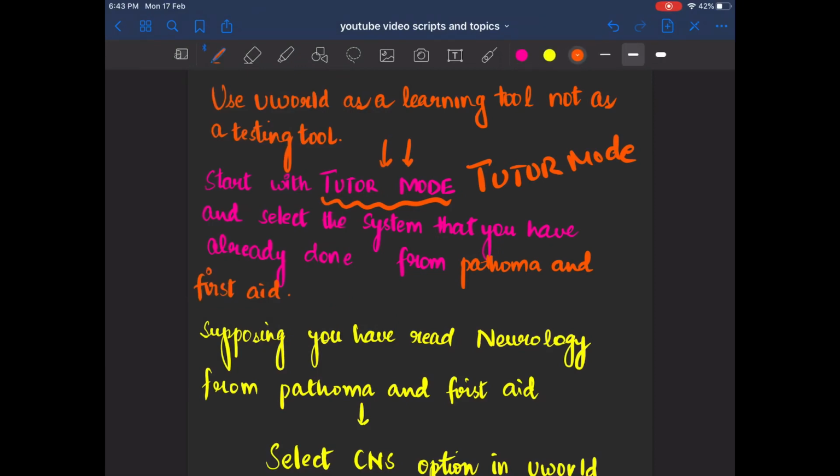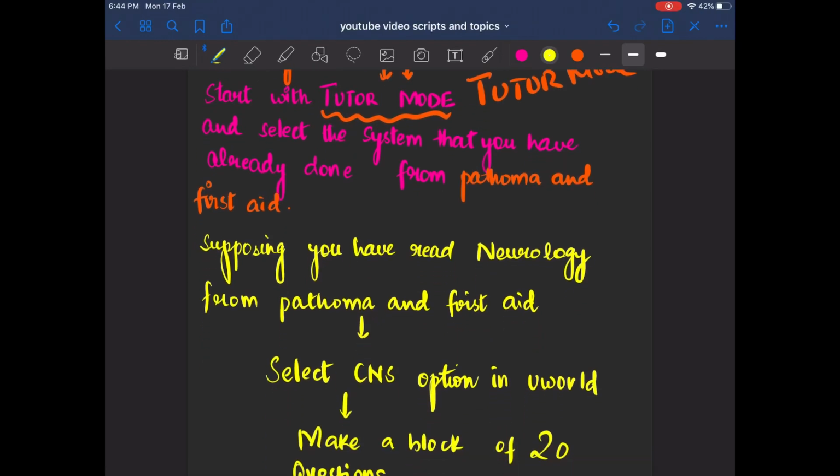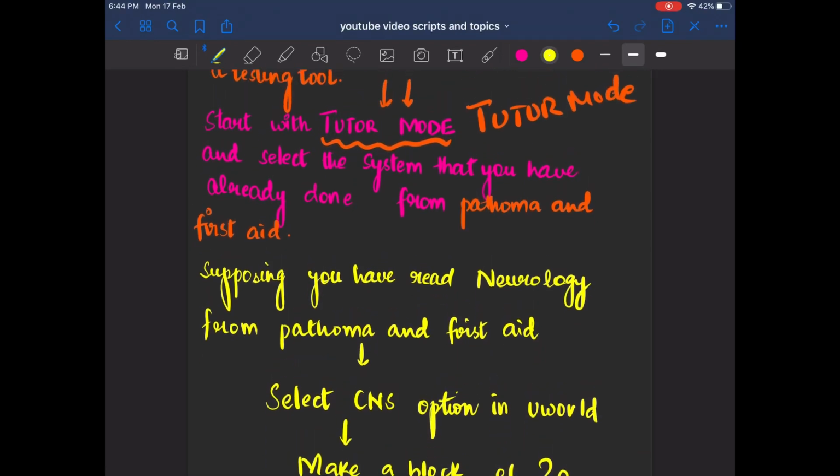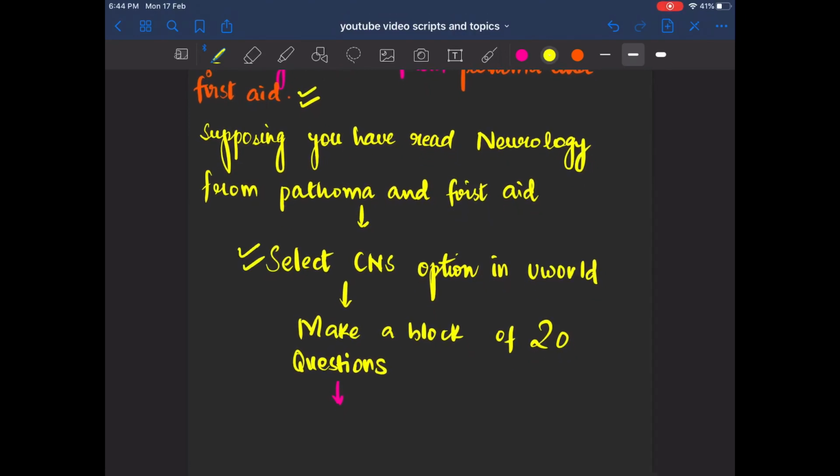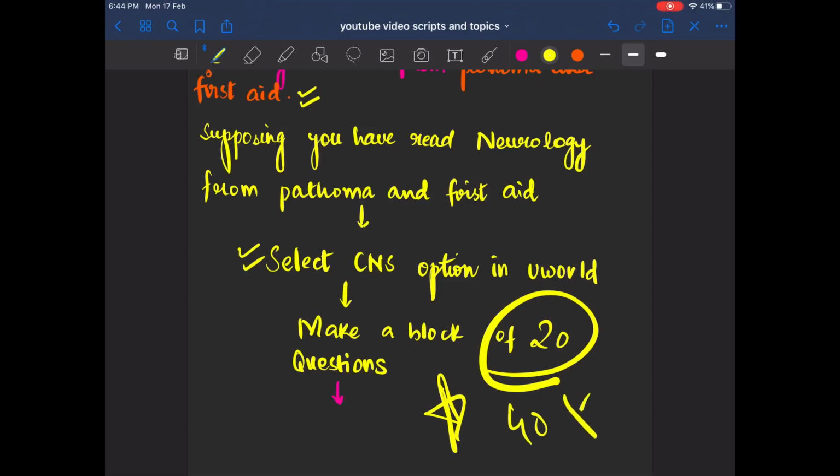For example, the system you read from Pathoma and First Aid is CNS. So you have to select CNS from UWorld and make a block of 20 questions. Remember, don't make a block of 40 questions. It will just exhaust you. Just make short blocks and do that block with all your zest and zeal and invest all your energy.